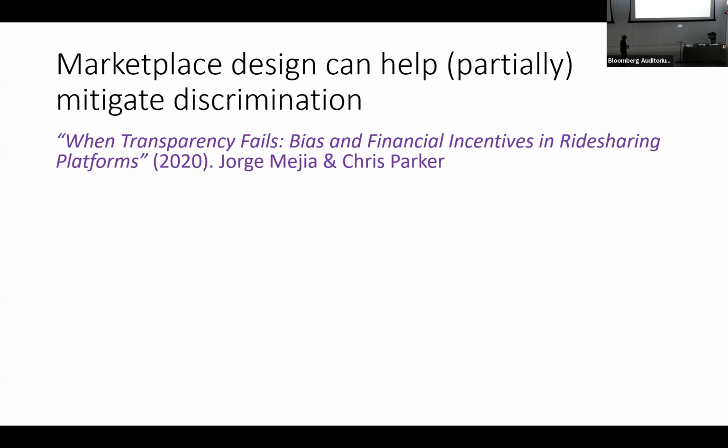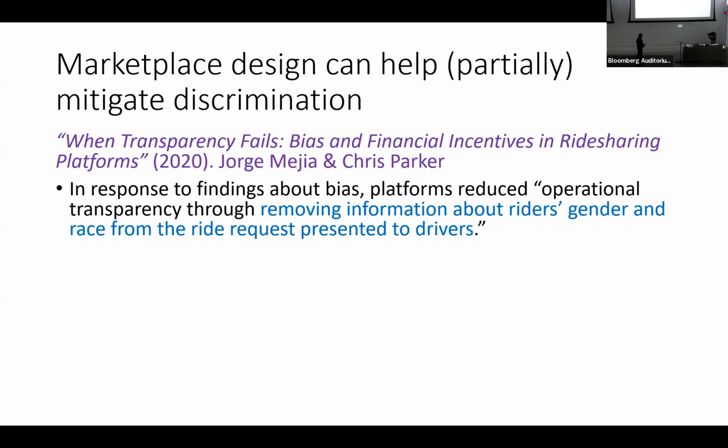Okay, so in this paper, just last year, "When Transparency Fails: Bias and Financial Incentives in Ride-Sharing Platforms," what they documented was that in reaction to papers like the last one that I talked about on Uber, platforms reacted by in some sense reducing transparency, right?